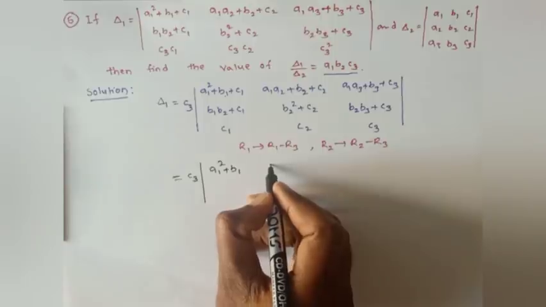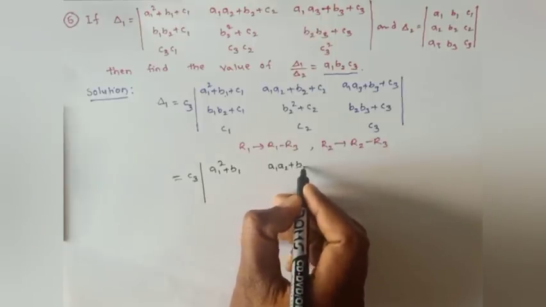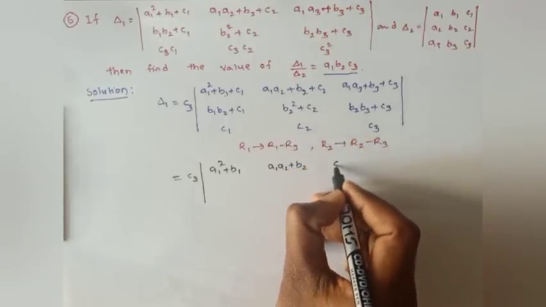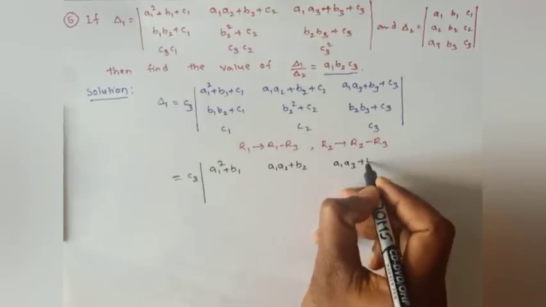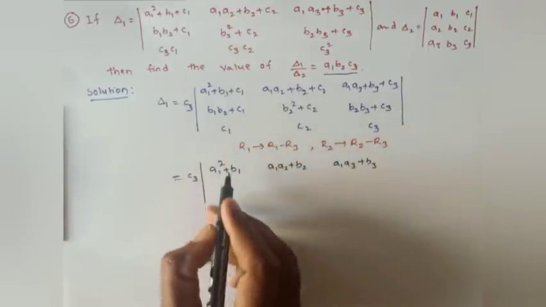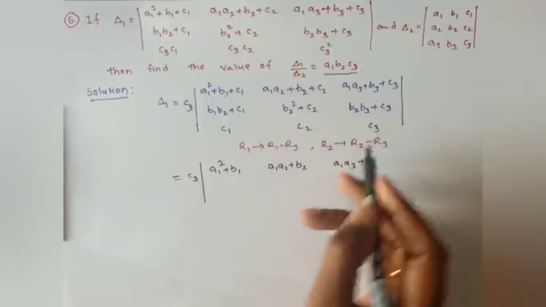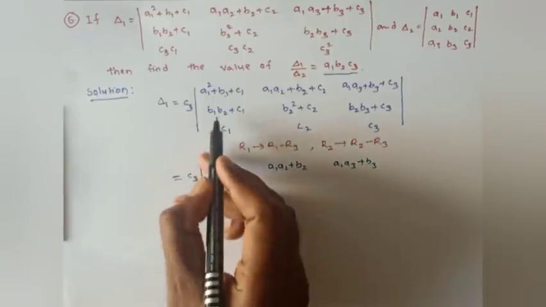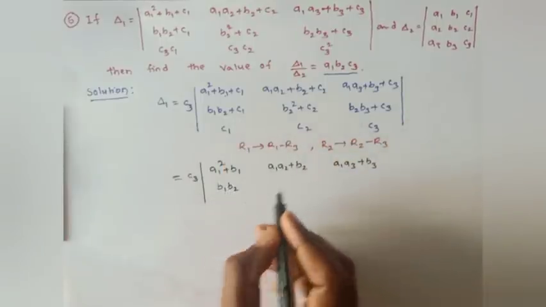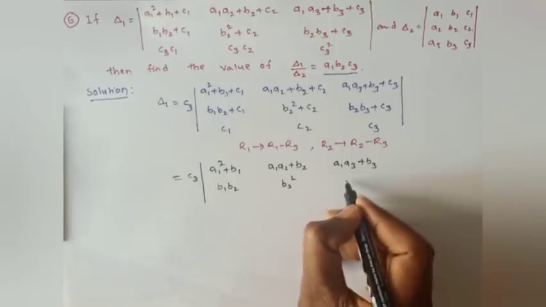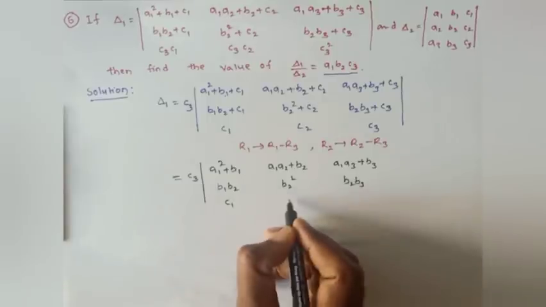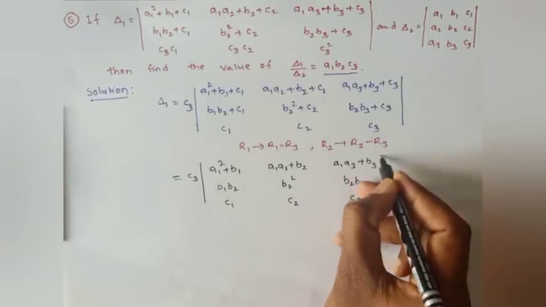Next, here it is A1 A2 plus B2 plus C2 minus C2, that gets cancelled. And next A1 A3 plus B3 only, since C3 minus C3. Next, in the same way, second row minus third row corresponding elements, so that it is B1 B2 plus C1 minus C1 means it is B1 B2 only. Next, here it is B2 square, here it is B2 B3, and column 3 is as it is, C1 C2 C3.